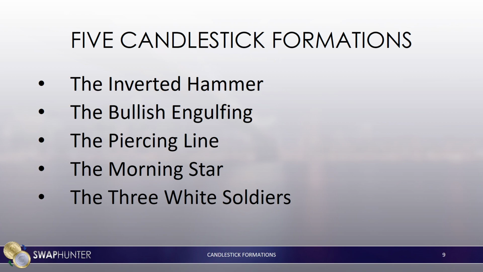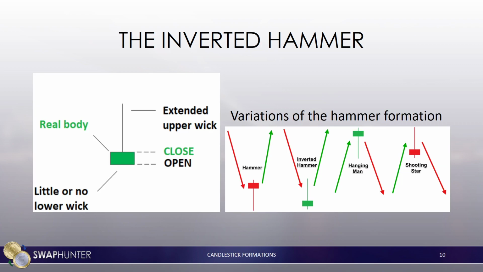Okay, so next, let's move on to the first hammer. Inverted hammer candle pattern. What we're looking at here is just one of the hammer formations, the inverted hammer candle.